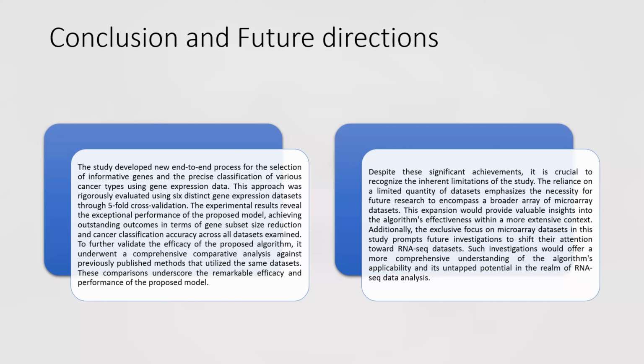Our model used six data sets for evaluating and testing, achieving outstanding outcomes in terms of gene subset size, replication, and cancer classification accuracy, using a cross-validation method to reduce the dimensionality, reduce the overfitting issue, and provide reliable results.